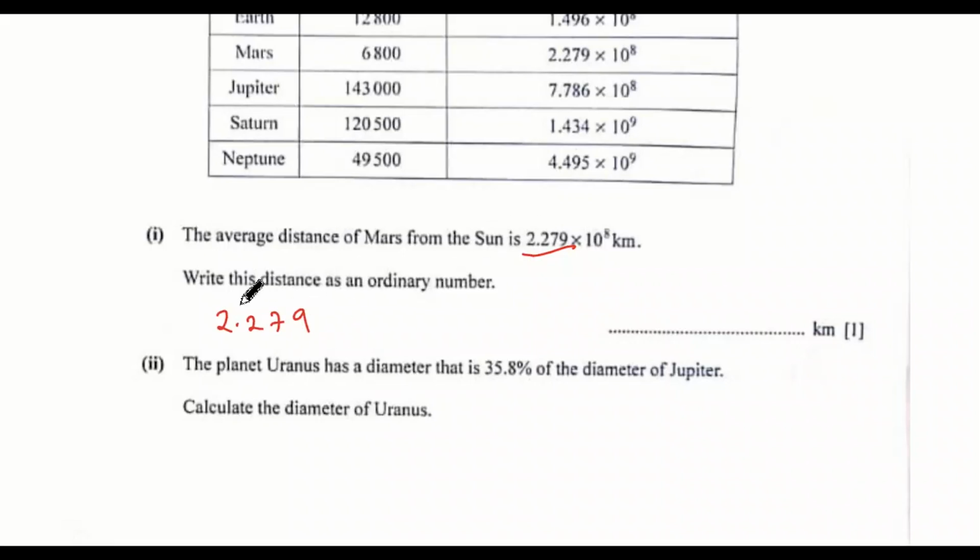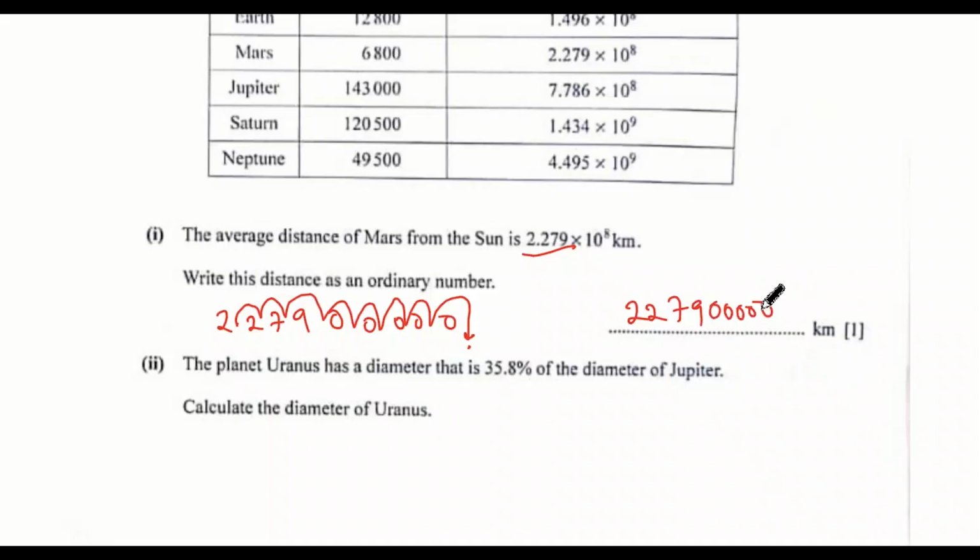2.279. Then we start from the decimal point and move forward 8 times. So that will be 1, 2, 3, 4, 5, 6, 7, and 8. So the decimal point is now here. So we fill this up with zeros, and the answer will now be 2, 2, 7, 9, then how many zeros? 1, 2, 3, 4, 5. 5 zeros.